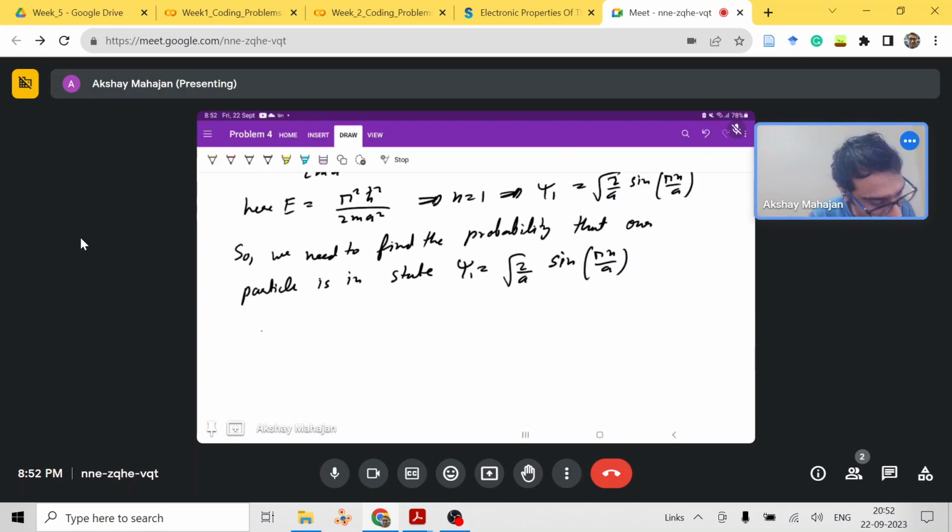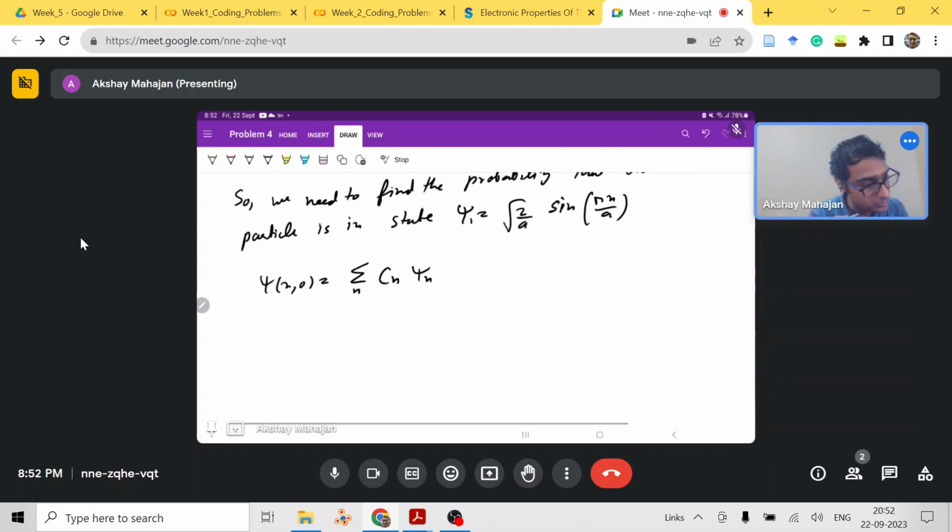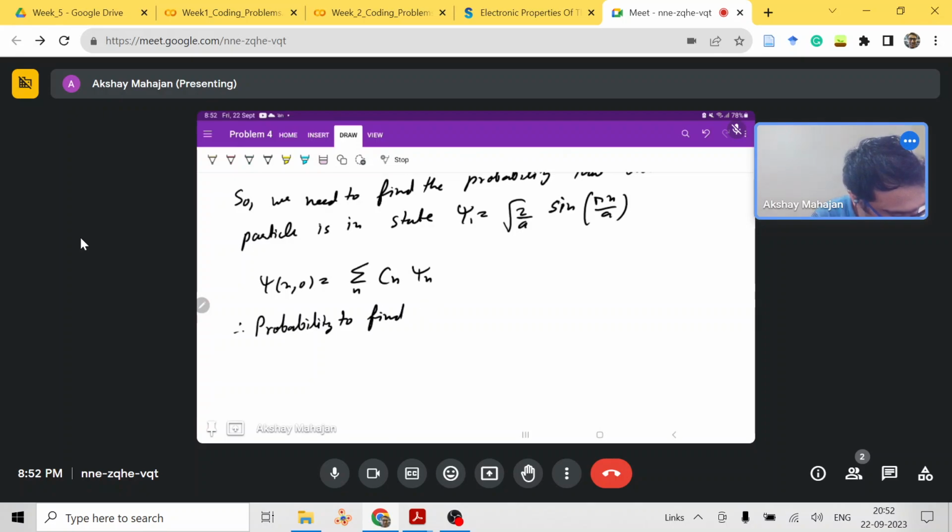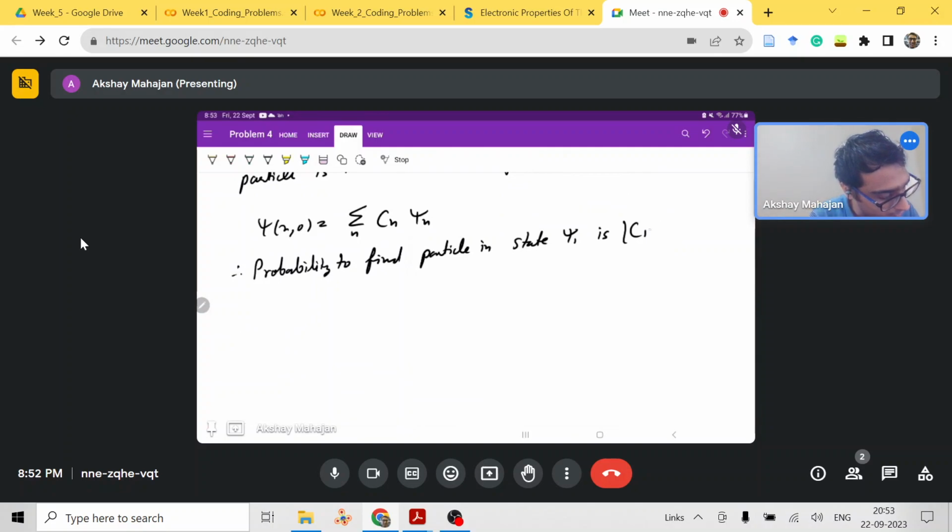Now as we know, we can write our psi(x, 0) as the summation over n of c_n psi_n. And the probability to find the particle in state psi 1 is mod of c_1 squared.